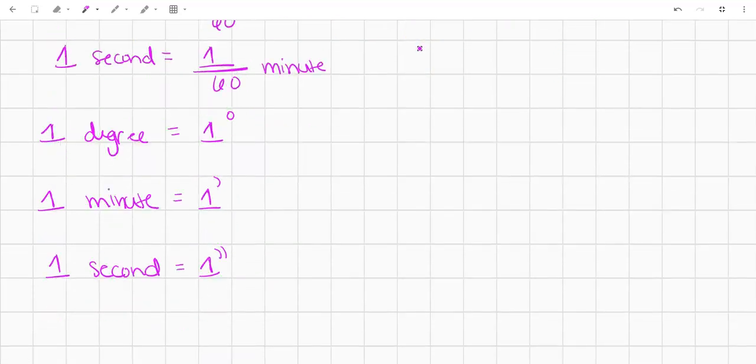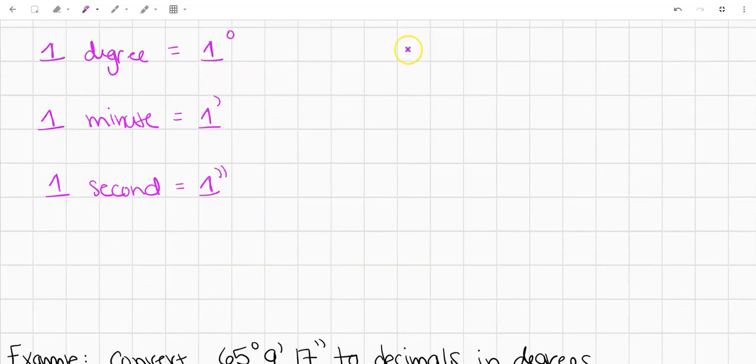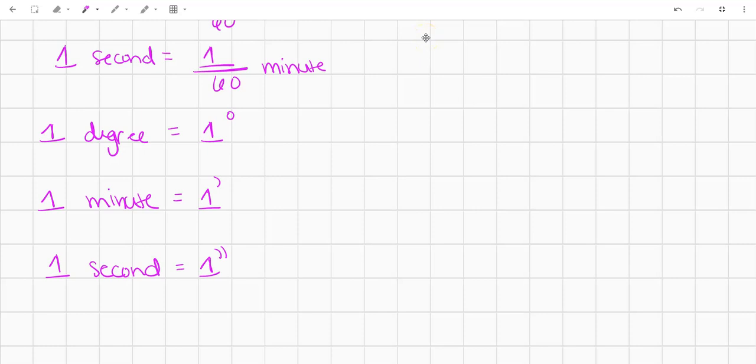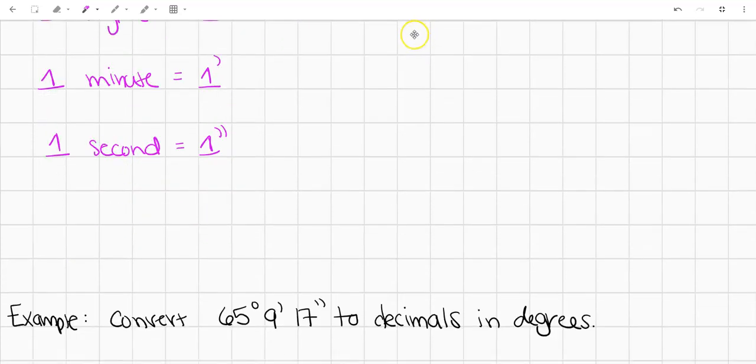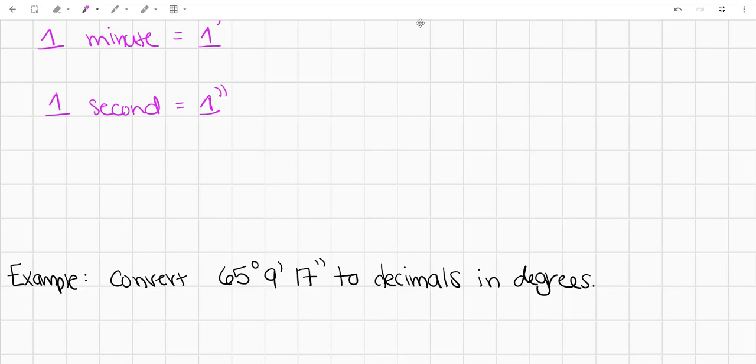So let's go over how we can turn a degree, minute, and second into just degrees format.